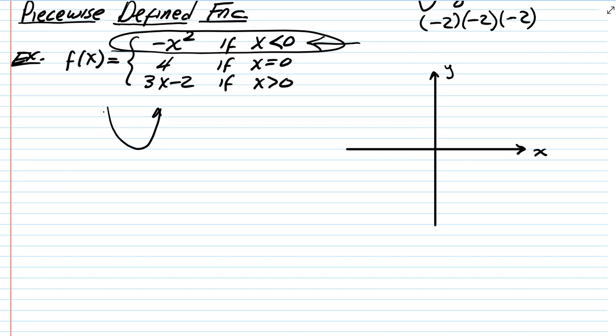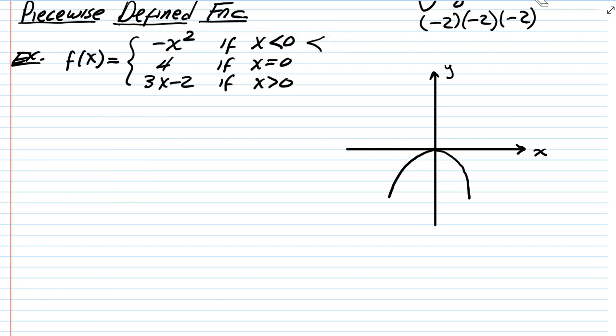Well, the negative x squared is going to reflect it downward. So I'm just going to graph this like so. However, this graph is only good for negative x's, so I don't really need this portion of the graph, do I? Because this is only good for negative x's. So I went ahead and removed that portion. You see how that works? So that's the first piece.